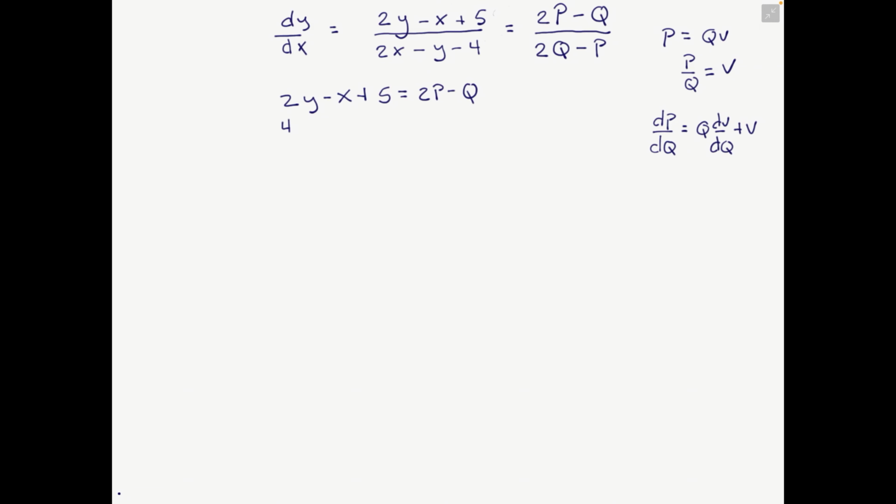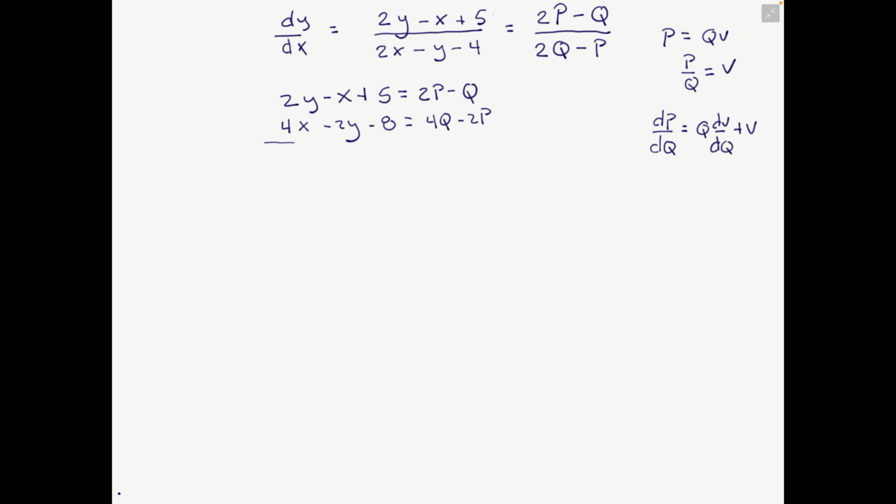So we got 4x minus 2y minus 8 is equal to 4q minus 2p.